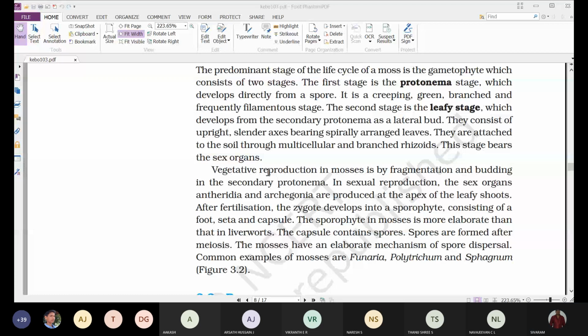Later, the protonemal stage will form buds, which represent the secondary protonema, which later develops into the leafy stage, which consists of multicellular and branched rhizoids, the main axis which looks like a stem, and the leafy structures which look like leaves, arranged spirally around the main axis.